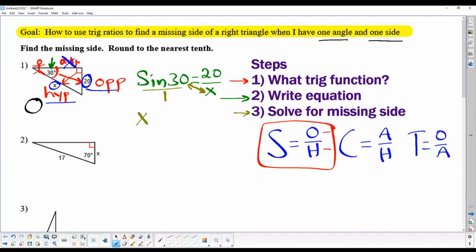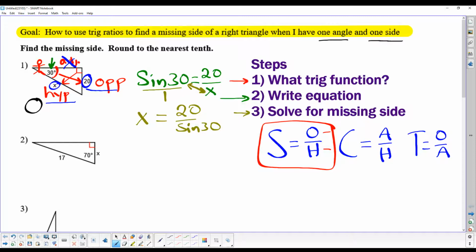So now I'm going to say x over 1 equals 20 over sine 30. X is alone, right?